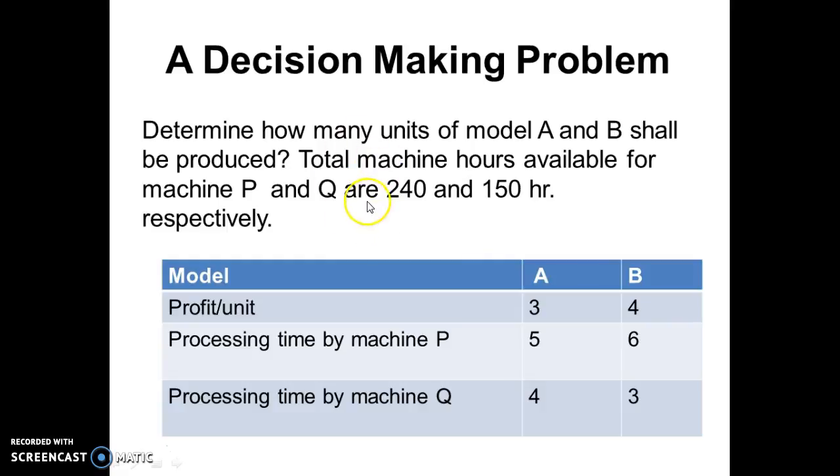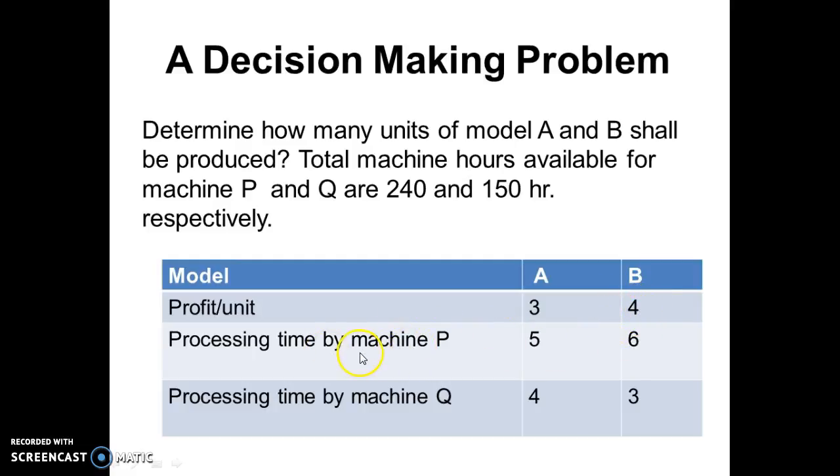Say here we have a problem which is called a product mix type of problem. There are two products, let us say two models A and B, which are produced in one particular industry. These products A and B have unit profits as given in the table.